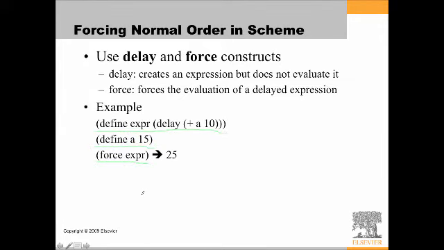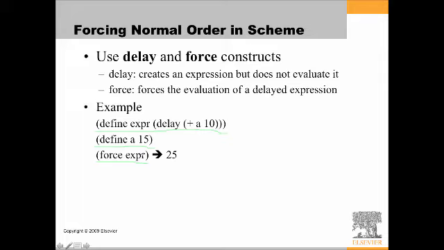Delay has an interesting property, which is that once you've forced the evaluation of the expression, as I did right here with force expression, the resulting value is cached. And thereafter, no matter what you change the value of a to, if I try to reevaluate this expression by forcing the evaluation, I will get 25.